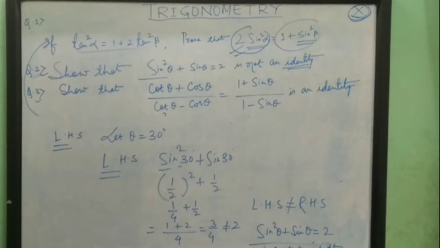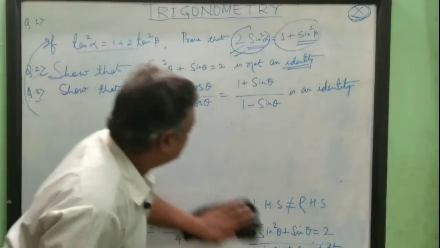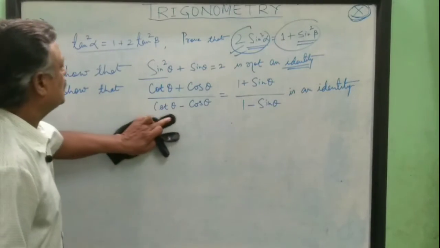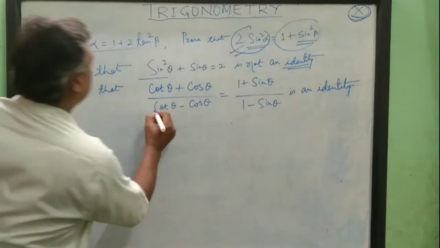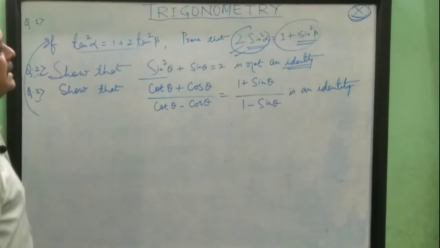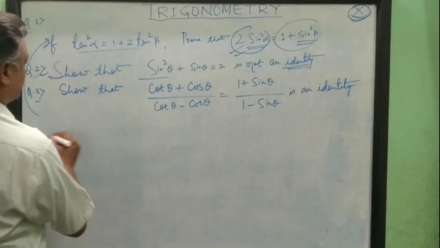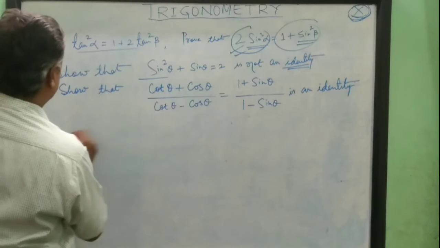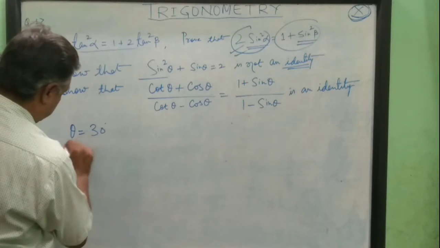Next question we have: cot theta plus cos theta divided by cot theta minus cos theta is equal to 1 plus sin theta by 1 minus sin theta. Is it an identity? Now this time again we will start with theta is equal to, suppose, 0 degree or theta is equal to 30 degree.